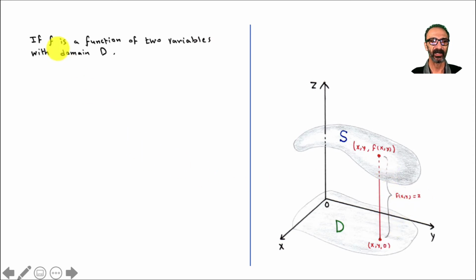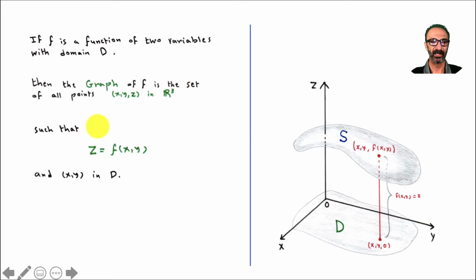If f is a function of two variables with the domain D, this right here, then the graph of f is the set of all points x, y, z in R to the third, out in space, such that z is f of x, y, and x, y without the z in it is in the domain.